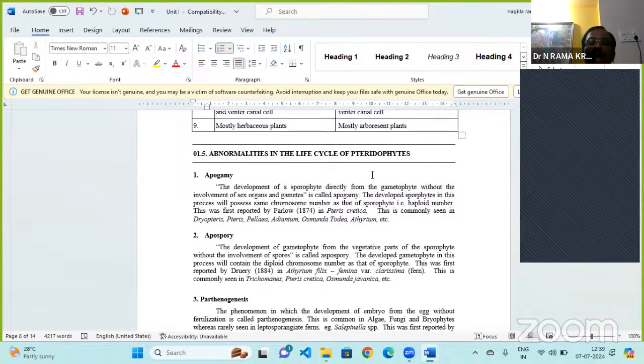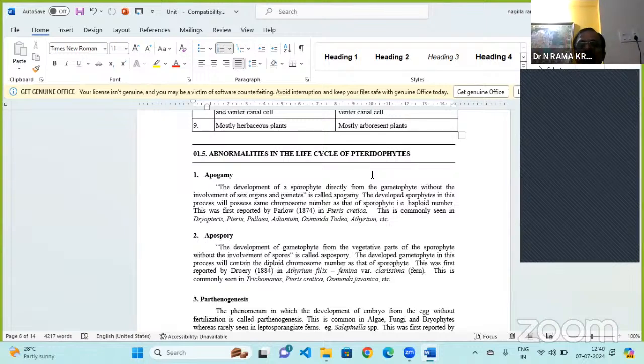What is the meaning of apogamy? Gamy means together, apo means without. Here the development of the sporophyte is directly from the gametophyte, without involvement of sex organs and gametes. This is called apogamy.